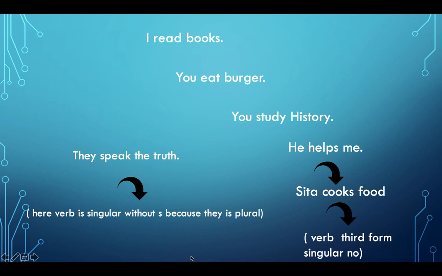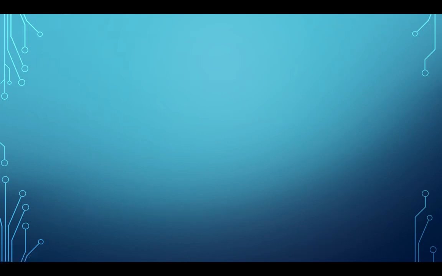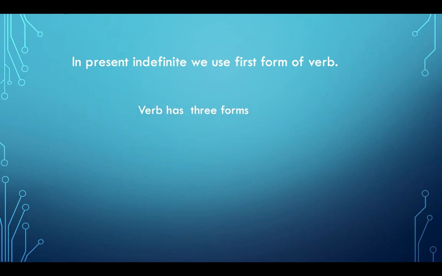Okay, now let's move forward. In present indefinite, we use first form of verb. Children, let's recapitulate what are the various verb forms. Verb has three forms basically: V1, V2 and V3.